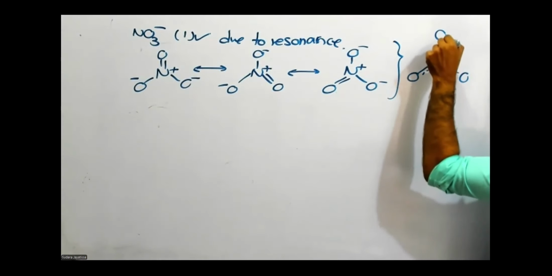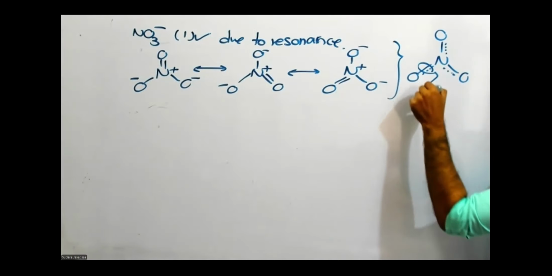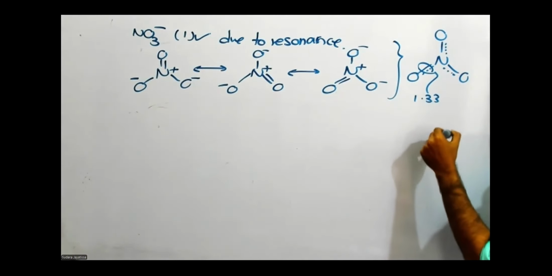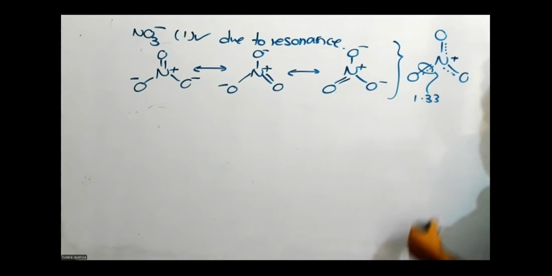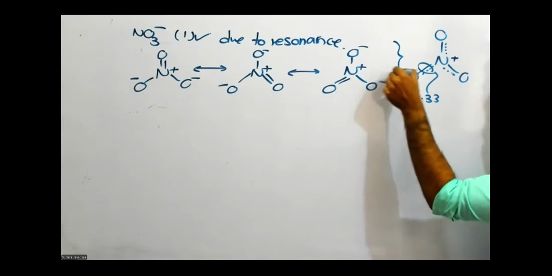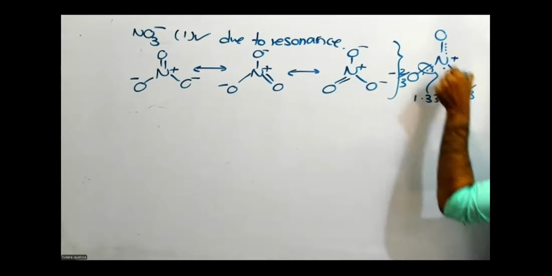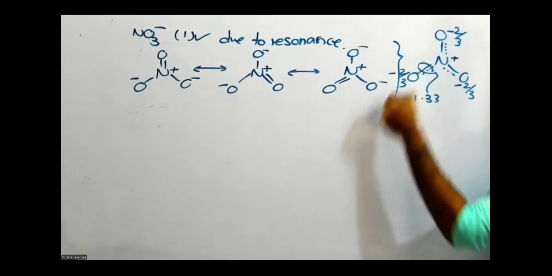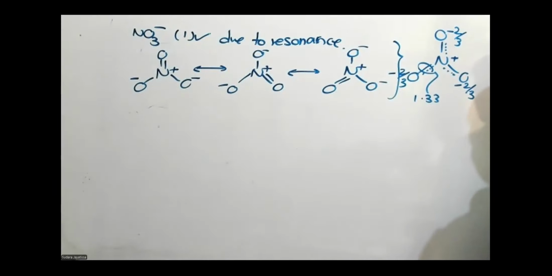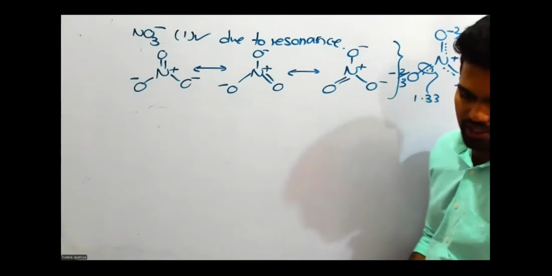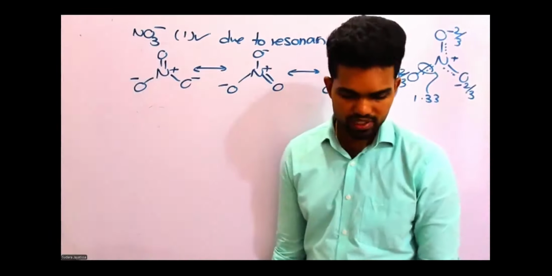The bond order is going to be 1.33, just like for our carbonate. Here it is minus 2 over 3, minus 2 over 3, minus 2 over 3. So bond lengths are equal due to resonance. Now that's the explanation. Now let's see the second statement.